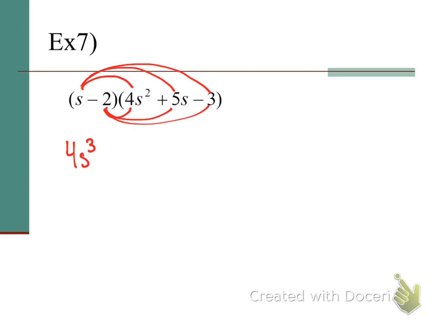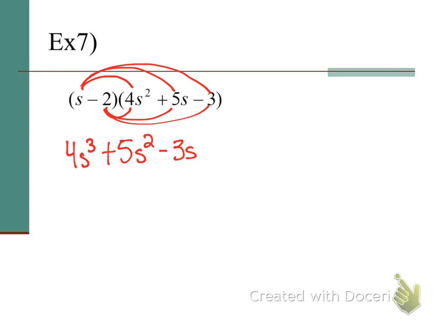We got 2 of them multiplied together. Second power, good. So positive 5s squared. Then we distribute the s to the negative 3. Jeriel, what does that give us? S times negative 3. Negative 3s. Wonderful.